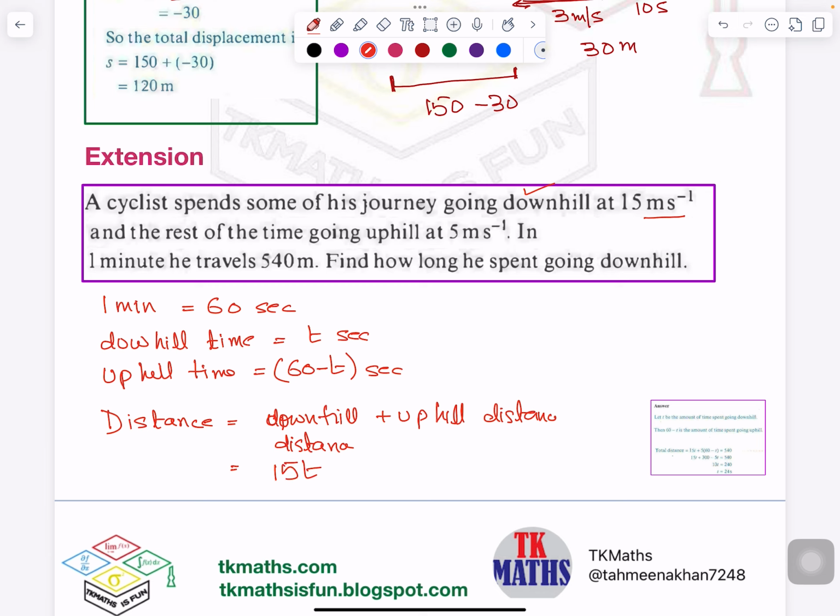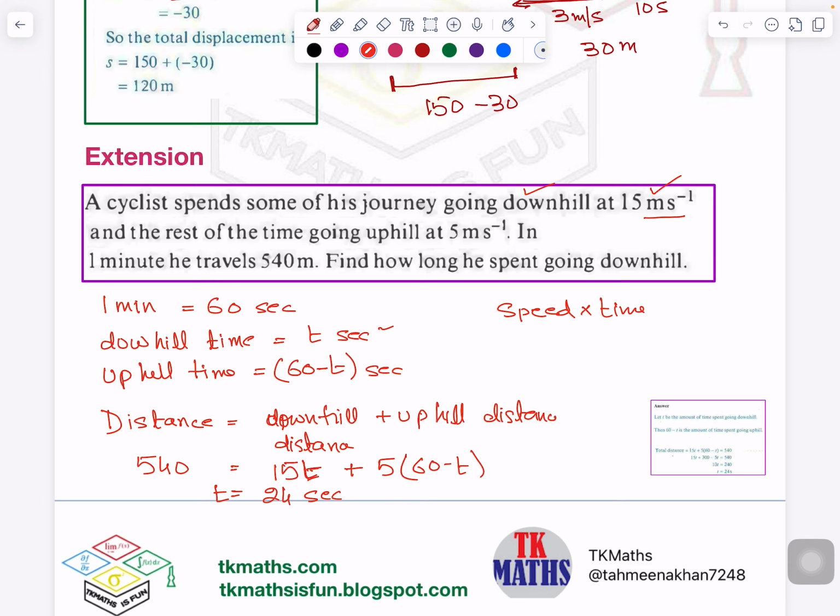Why? Because distance is equal to speed into time. And we know when he was going downhill, his speed was 15 meters per second and time taken was t seconds, which we have taken here. And when he was coming up, it was 5 meters per second and then 60 minus t. And the total distance was 540 meters. So this will help you form an equation, a simple linear equation. You calculate it and you will get time equal to 24 seconds.